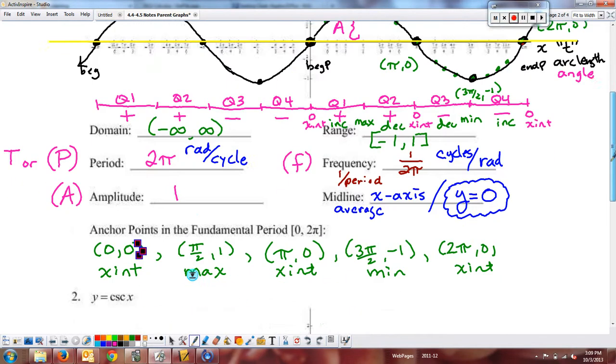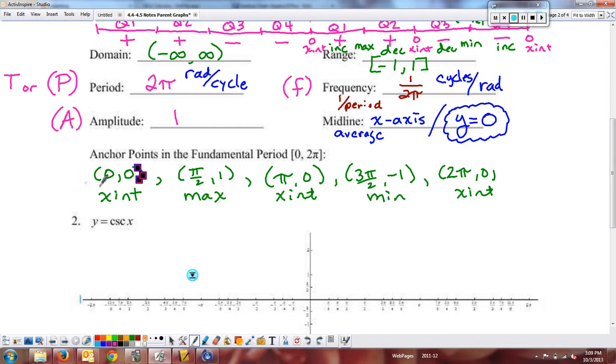And then the other thing that I like to add here is the pattern that I have going here, because when we start working with these functions, this is going to be the pattern that is followed for pretty much every sine graph that we look at, which is going to be: I for intercept, capital M for max, I for intercept, lowercase m for min, and capital I for intercept.